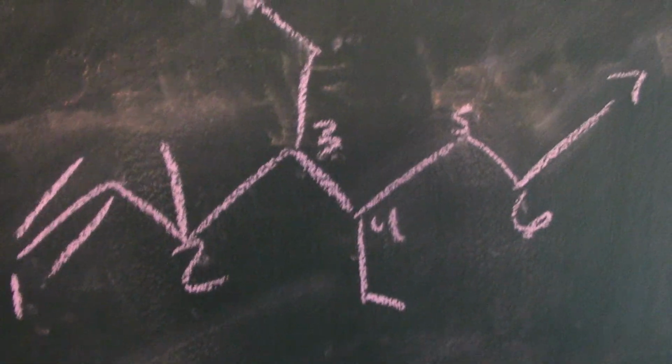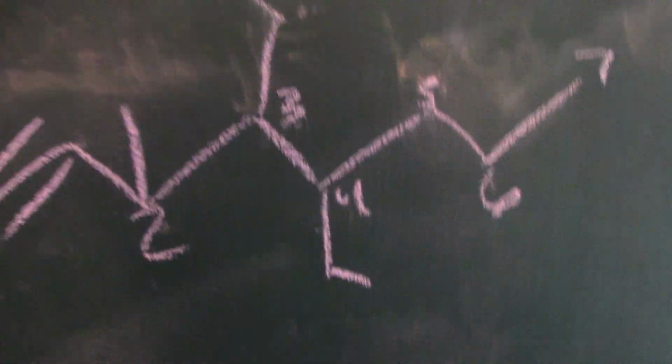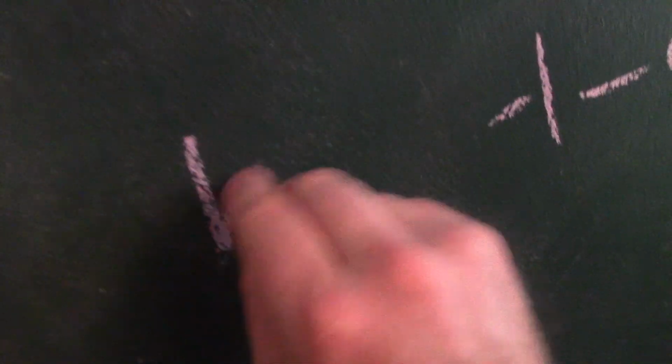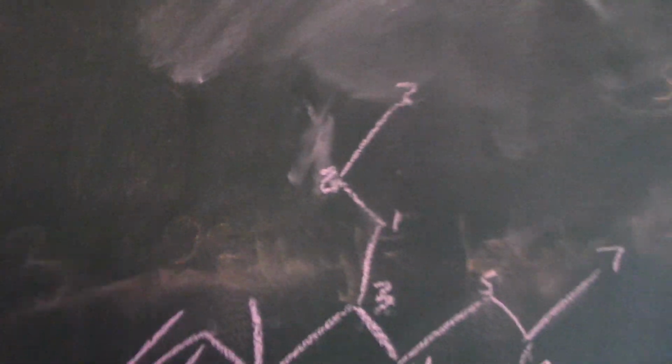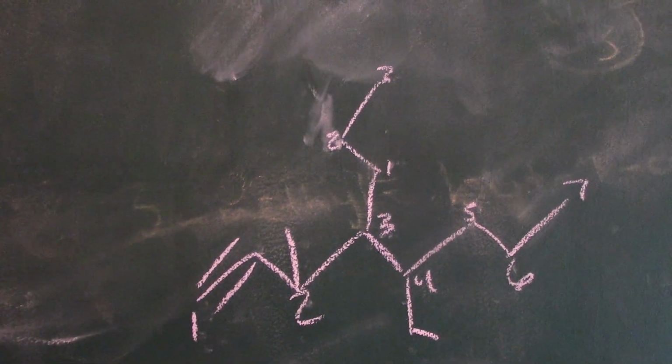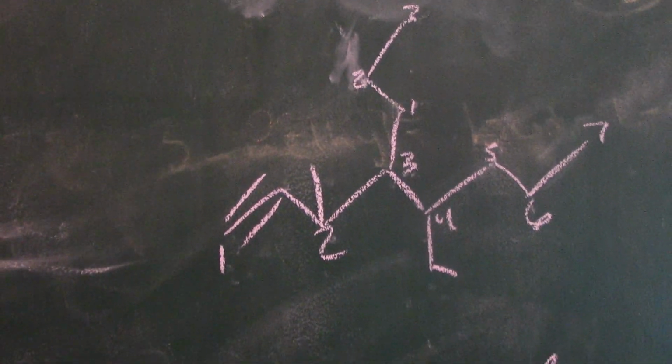Okay, so I have heptine, HEPT. So that's your longest chain here. And then I have a methyl group, an ethyl group, and then this is 1, 2, 3. So that's a propyl group. So I have to name these in alphabetical order. So I have 4-ethyl.